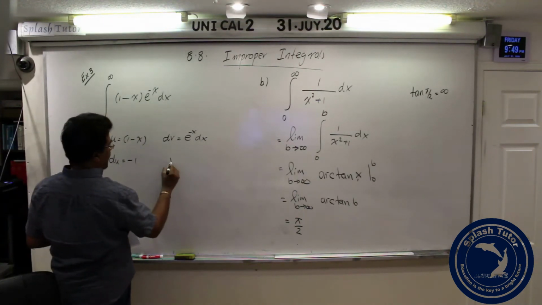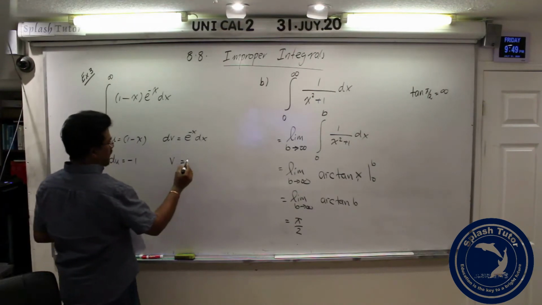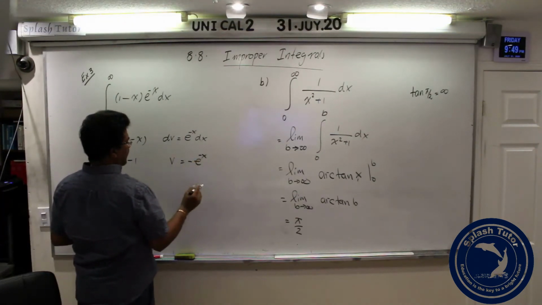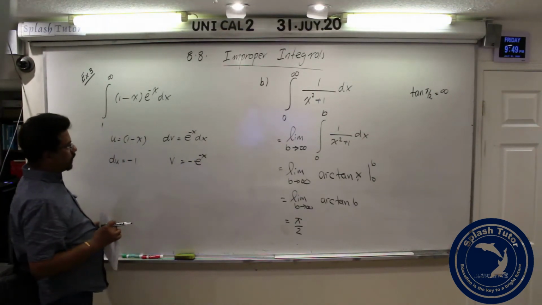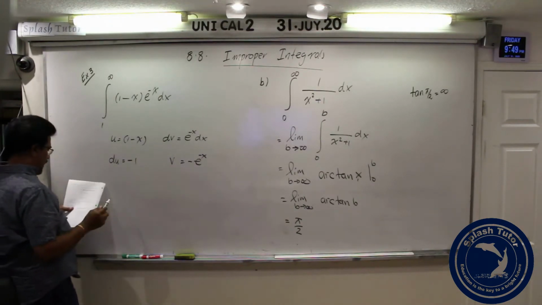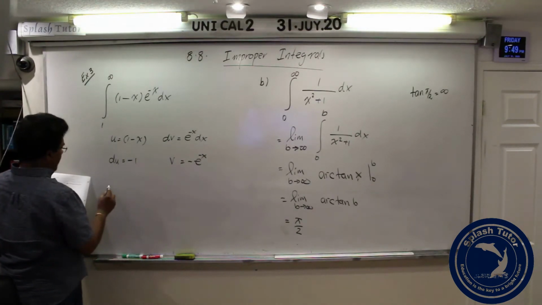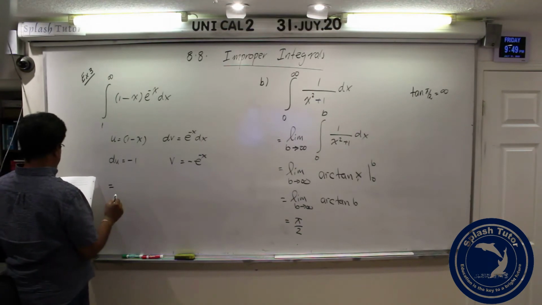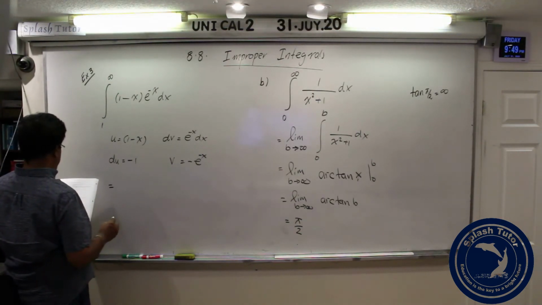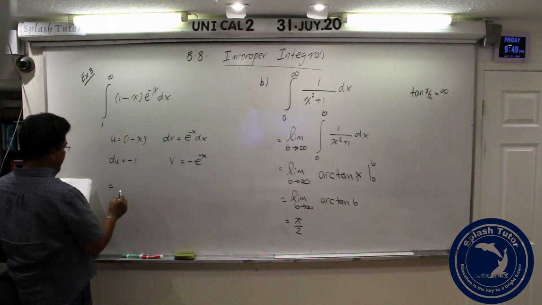And here v is equal to, if you integrate that, minus e to the power minus x, right? We integrate. Now therefore that is equal to, if you integrate that, with limits b goes to infinity.